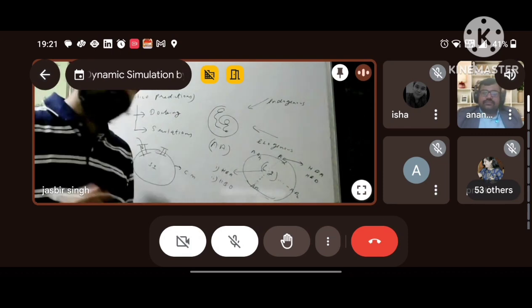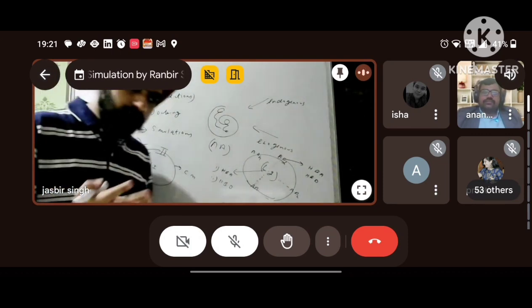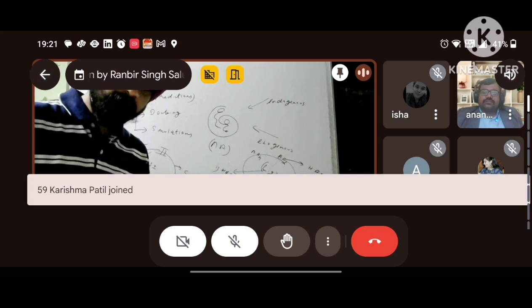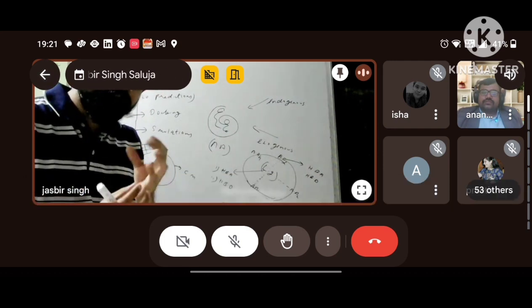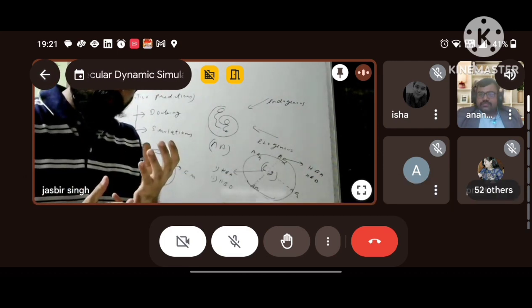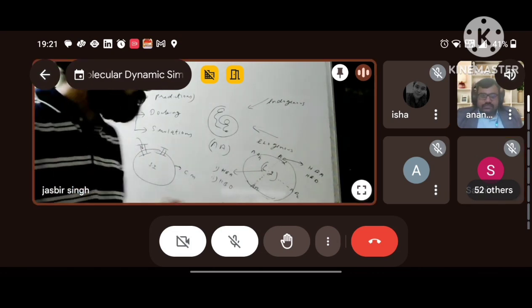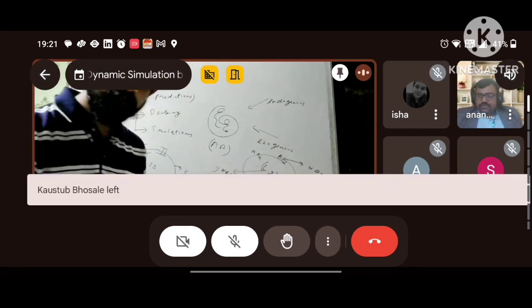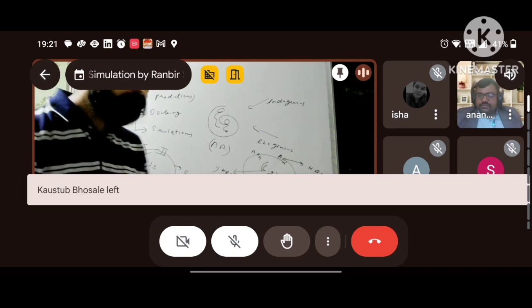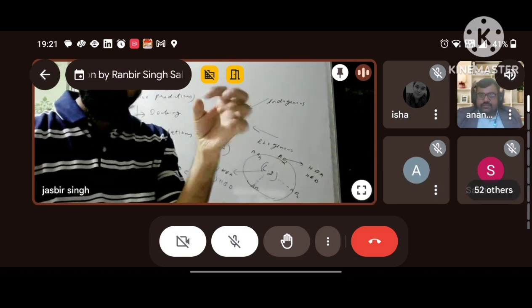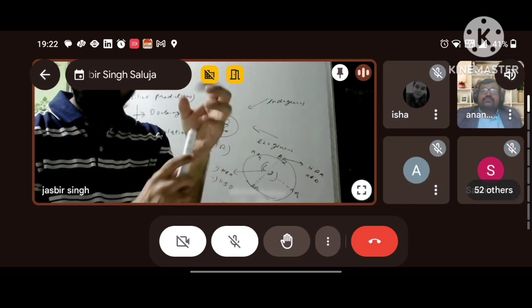So if you think deeply, if the conformation of the protein, if the structure of the protein is changing drastically, what will happen is that the ligand interactions will change drastically. Okay. Suppose this my hand is doing such movements like this, and I've put a pen inside it.